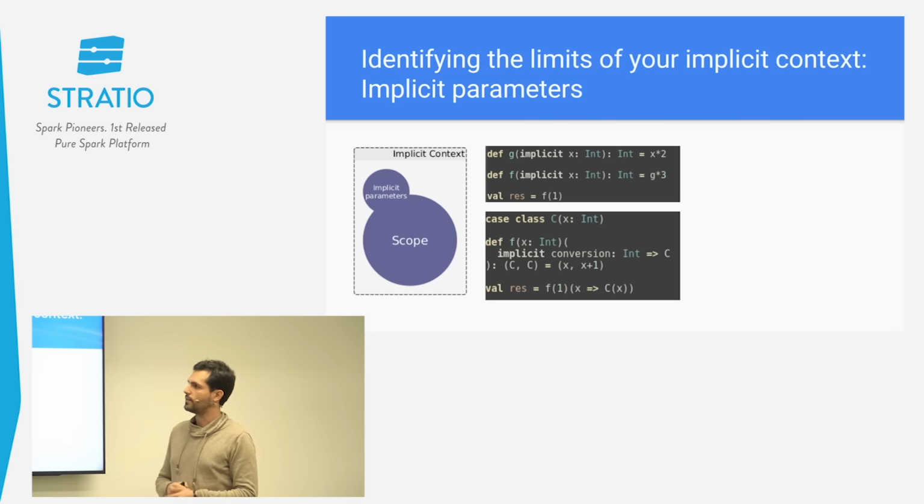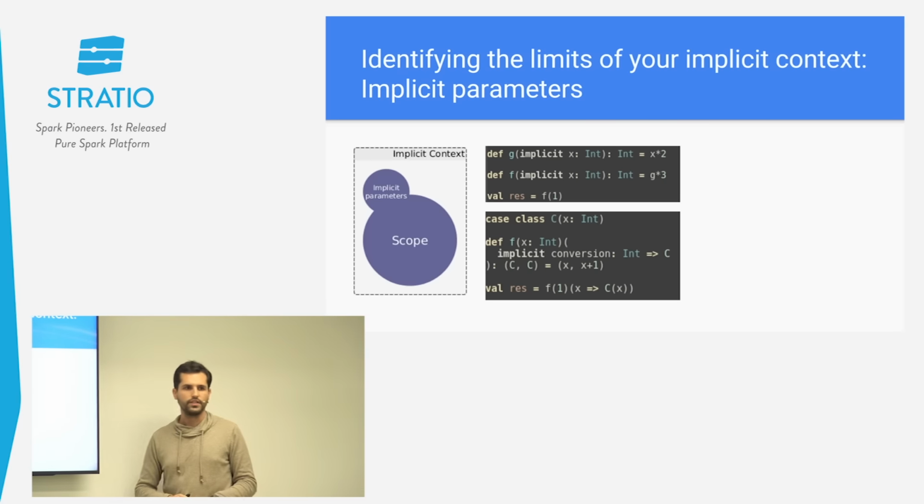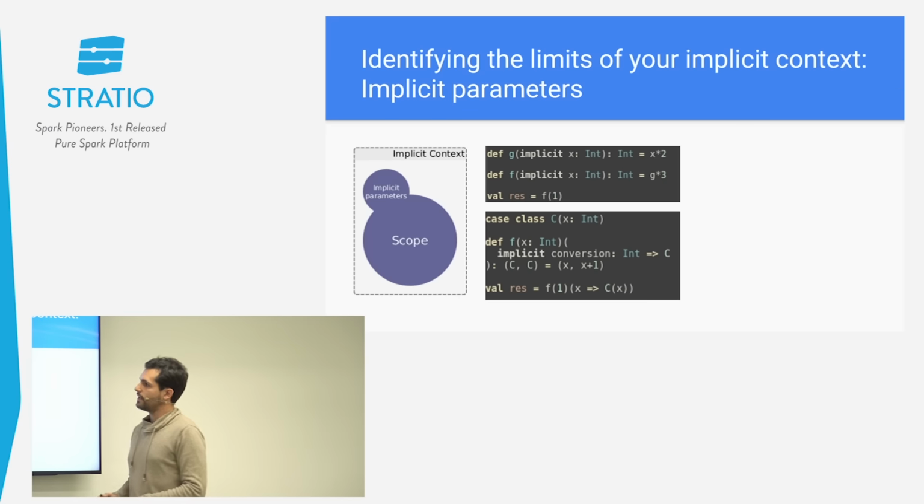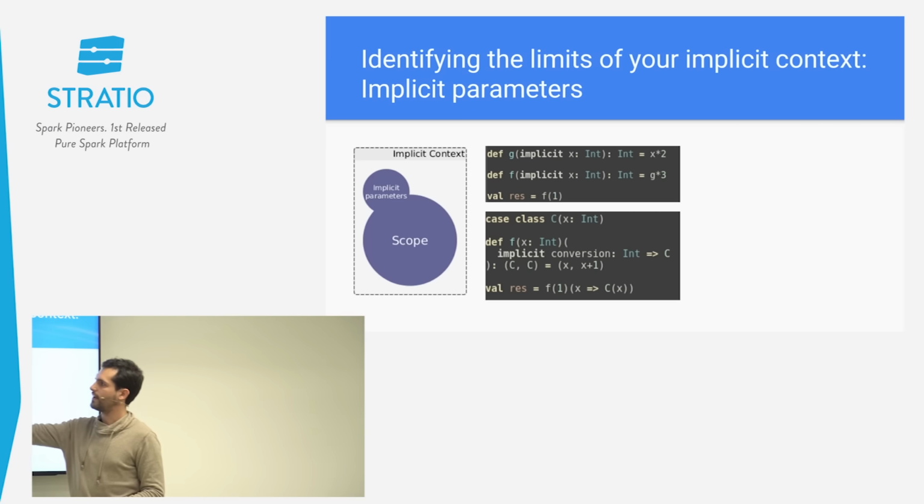If we call it with nothing, we just write g, and the implicit context has an implicit value of type Int, it will use it, as we've seen before. But there is a new situation. What is the condition, the status, of x within the body of g?